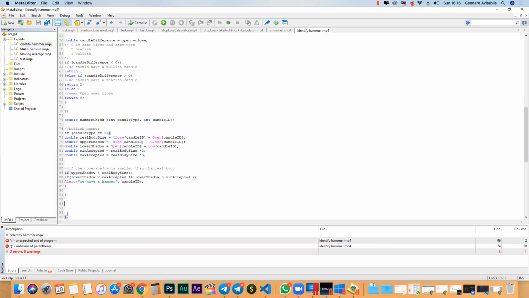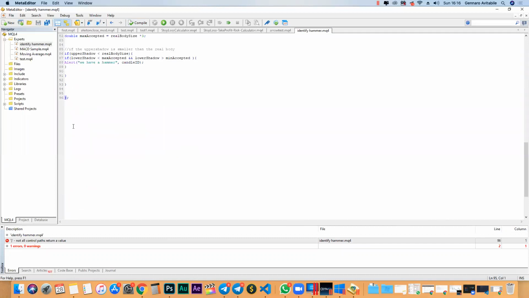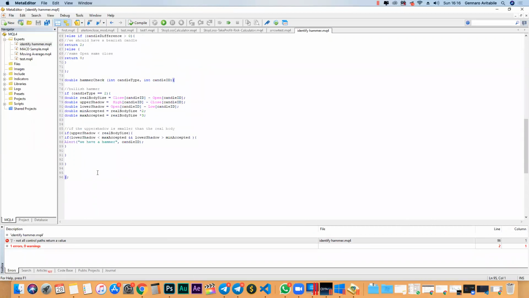That is the close of this one, that is the close of this one. All right, 4 is actually right. What's that? 96. Oh, of course it's expecting a return. So can we return this? I think we can.